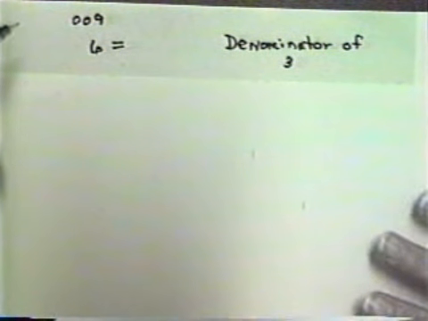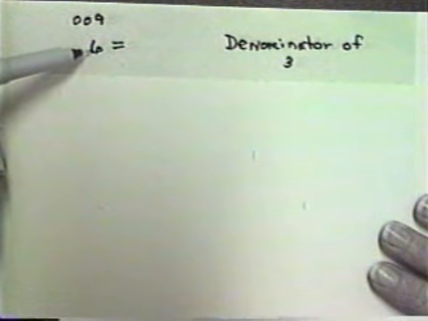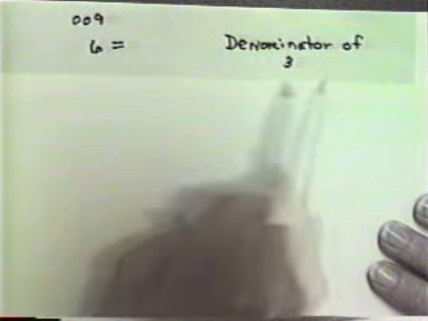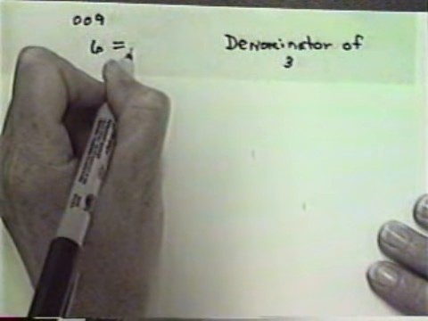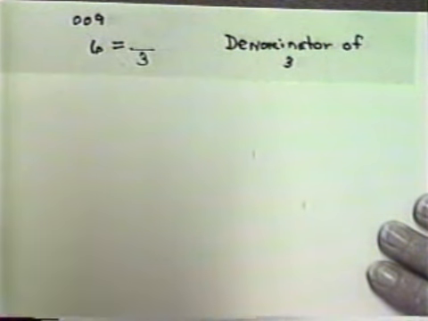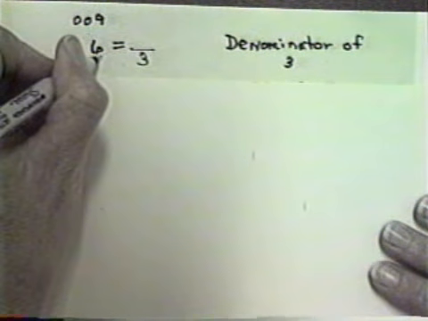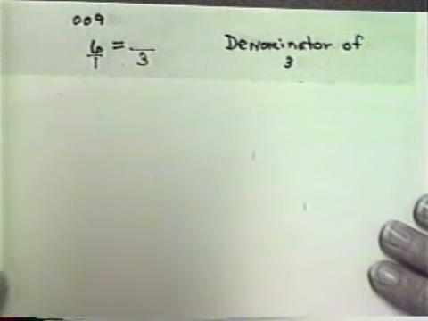Now I want us to look at a couple more that are a little bit strange. In this one, we want to change 6 to a fraction that has a denominator of 3. Well, the only way I can do that is to write 6 so that it looks like a fraction. To do that, I have to put a 1 under the 6. 6 over 1 looks more like a fraction, but it still means 6.